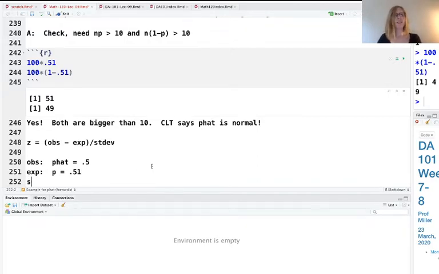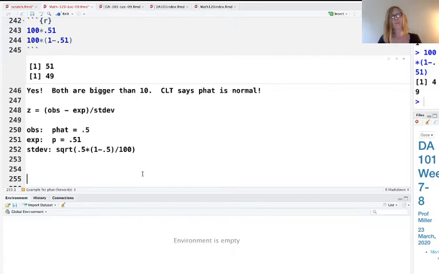And what about our standard deviation? For the standard deviation, that's sigma p hat, and that's the square root of p times 1 minus p divided by my sample size. There's all the important pieces of info. We've got our observed, our expected, and our standard deviation.